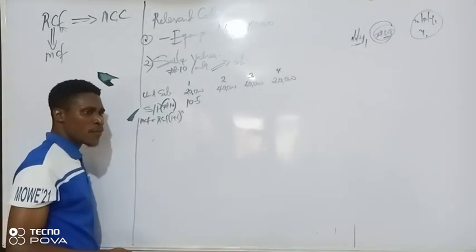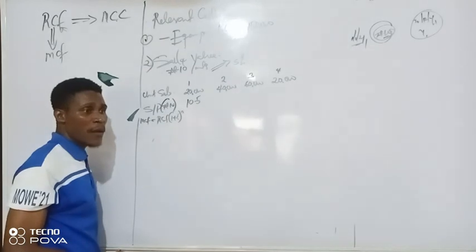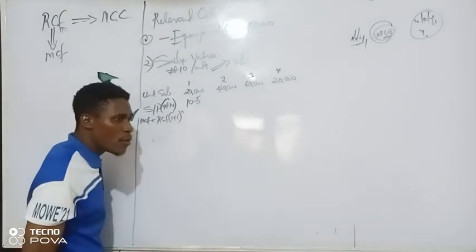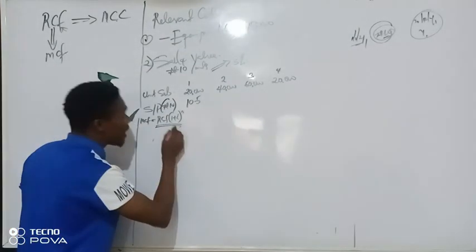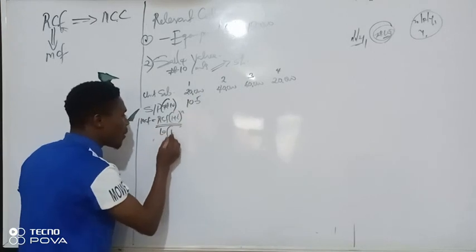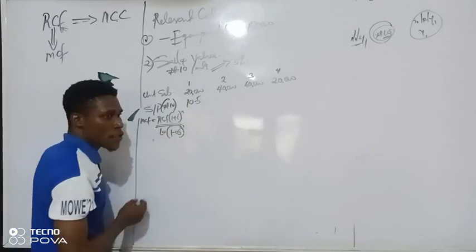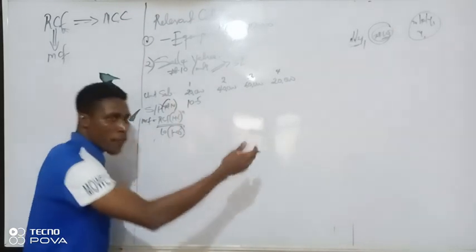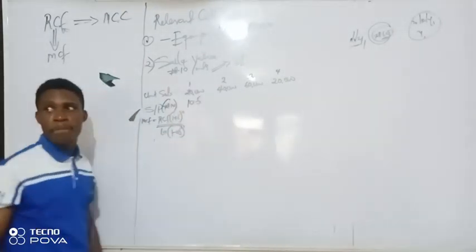How do we apply this formula? 10 times (1.05) to the power 1 for the first year, 2 for the second year, 3 for the third year, and 4 for the fourth year.